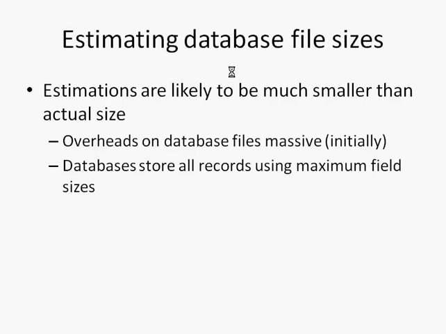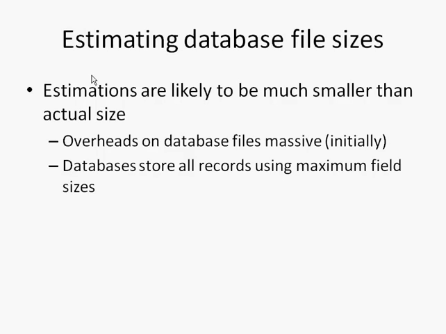Another reason is databases store all records using the maximum field size. So if we declare in a database design that we want a text field to be 30 bytes in size, then Access will store that field for every row as 30 bytes, regardless of if it's only using 5 of them. So that's another part of the overheads on an Access database file.